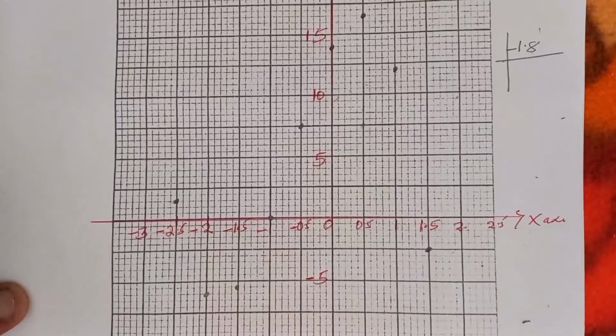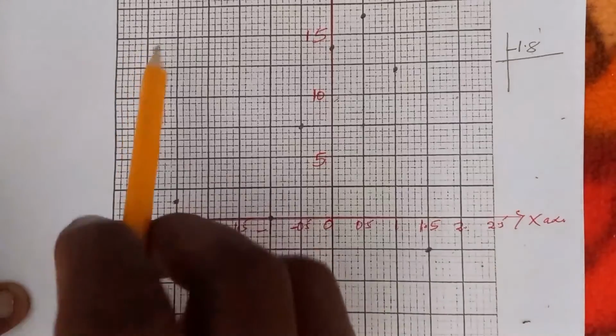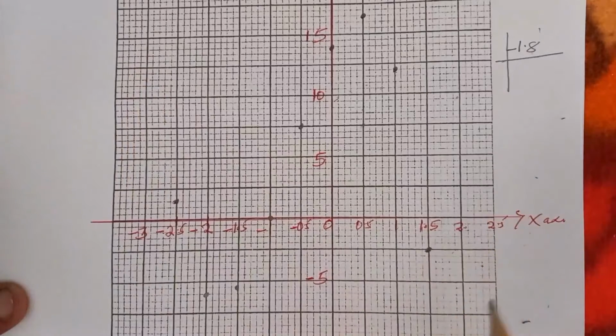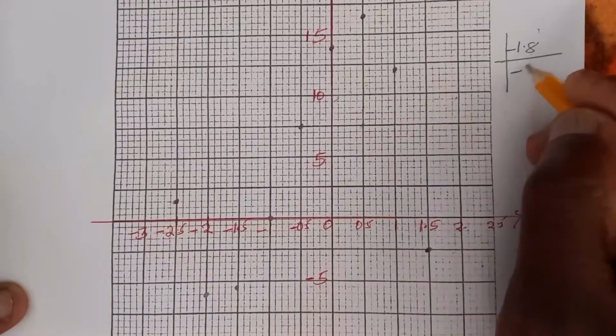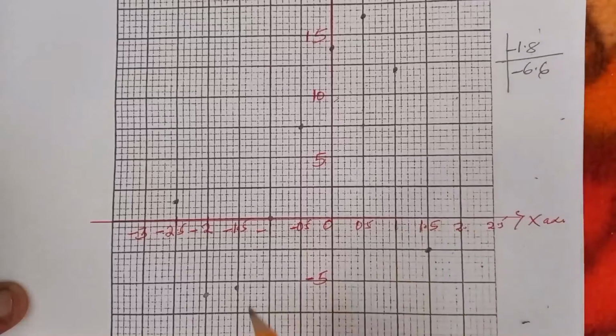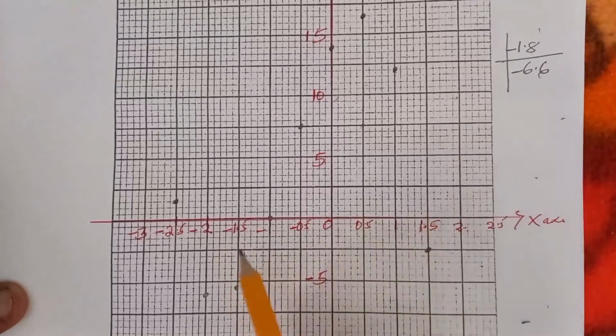So for negative 1.8, just use the function y equals 14 plus 10x minus 8x squared minus 4x cubed. You notice that will give negative 6.6. So negative 1.8 is somewhere here.